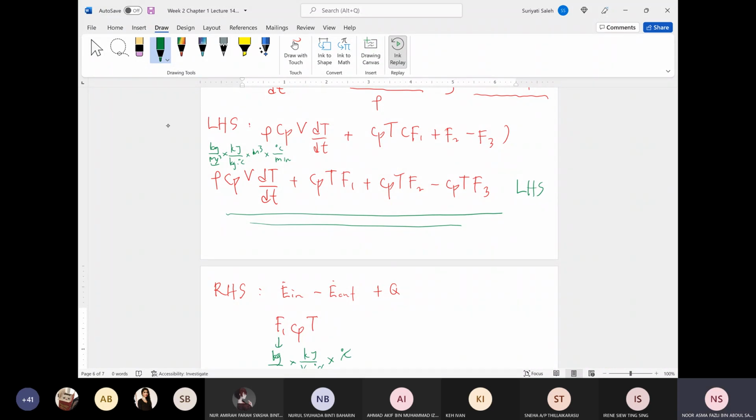When you cancel the units, kilogram, degree C, meter cube, you get kilojoule per minute. So you can verify whether you have unit consistency or not. You don't need to memorize it, but you need to have the concept of it. As long as you understand it, then you can form the accurate term for this part.